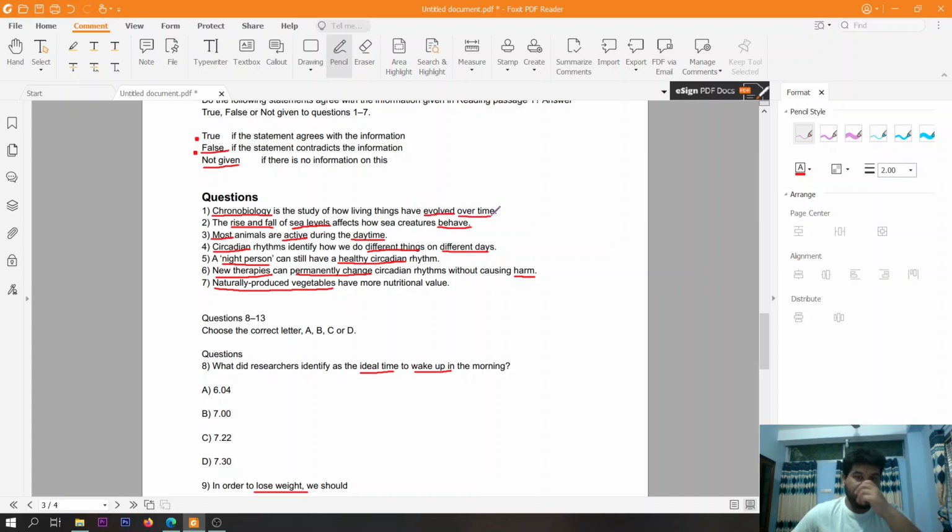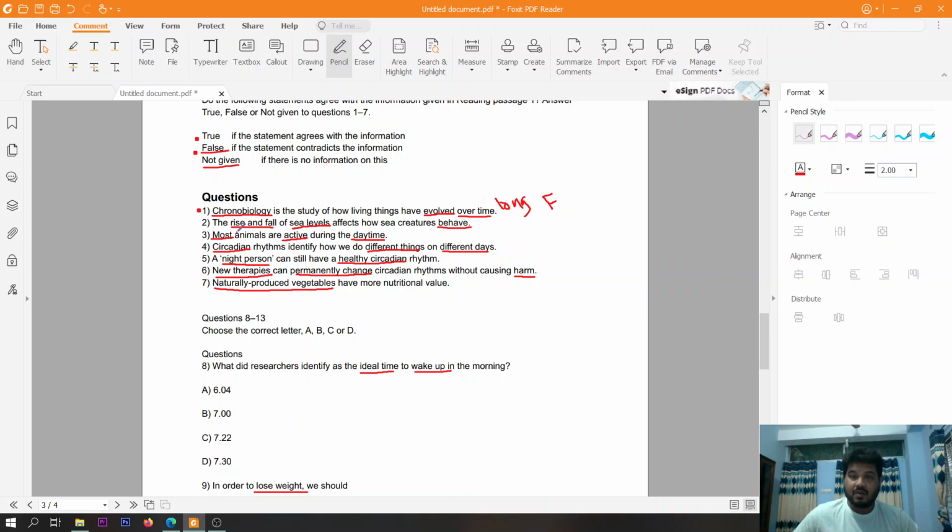So this over time means it's long term. Now the text says short term effect. So we can clearly see the contradiction between the question and the text. So we can say that the answer for question number 1 is false. All right, so here the answer is false.